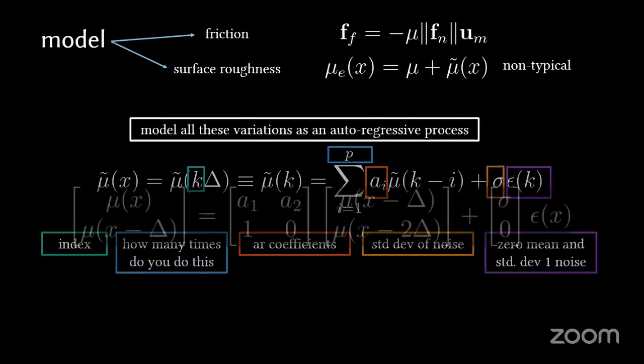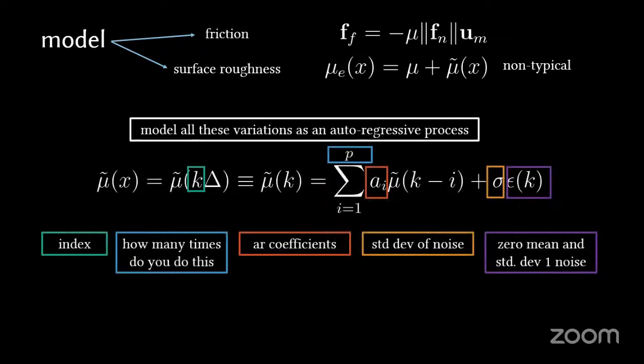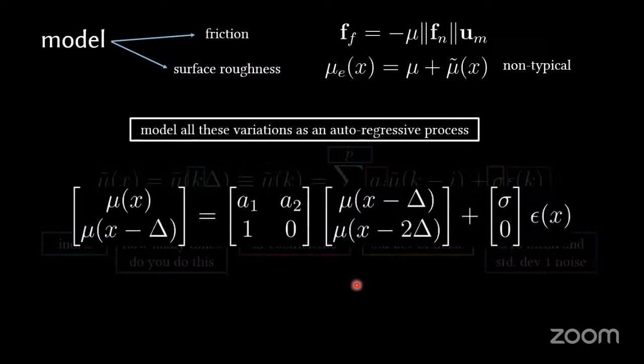But I don't like this way of thinking about it. The way I like to think about this is as an AR process. The previous slide was an AR process of any index, but this is an AR2 process. The paper also ends up using an AR2 process. I think it's better to think of this AR2 process as a first order Markov process.